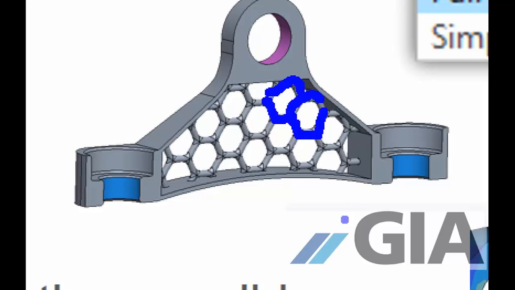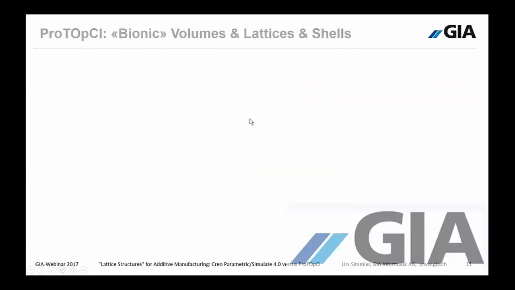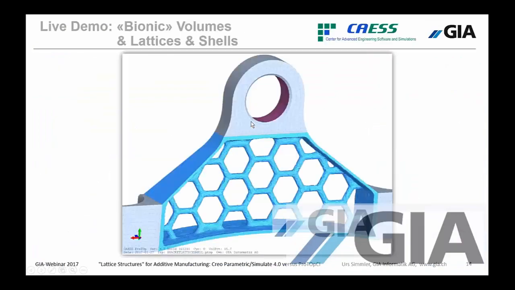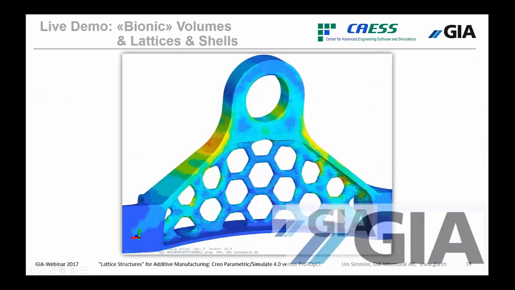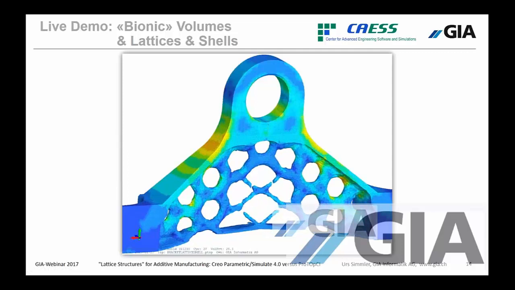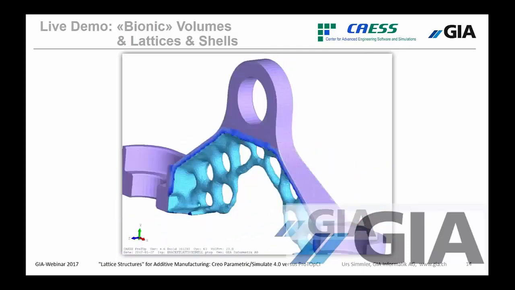So we cannot take away some beams or some shells, as I showed you in what I call the Bionic Optimization environment. Here in ProTOpCI, the shells and beams not needed can be taken away easily. I hope this answers your question.